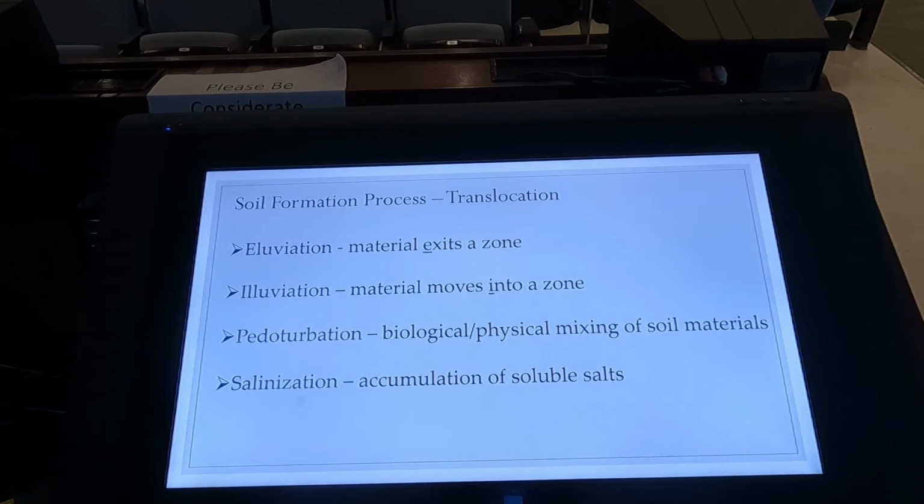Salinization. When I think of saline, I think of salt. And salts can be from some fertilization.